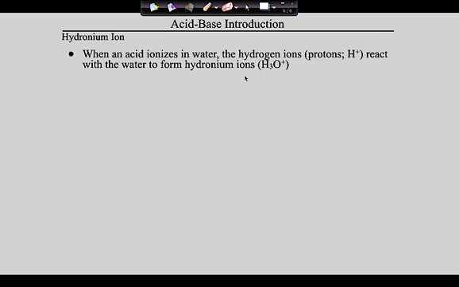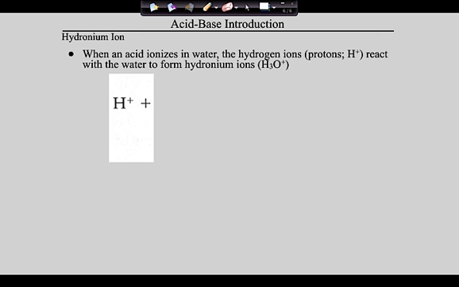So how does this work? First thing you got to understand, it doesn't matter what acid we're talking about. This could be hydrochloric acid, sulfuric acid, acetic acid, which is vinegar, nitric acid, which we also used in lab second period. It doesn't matter what acid we're talking about. All acids give away protons, right?